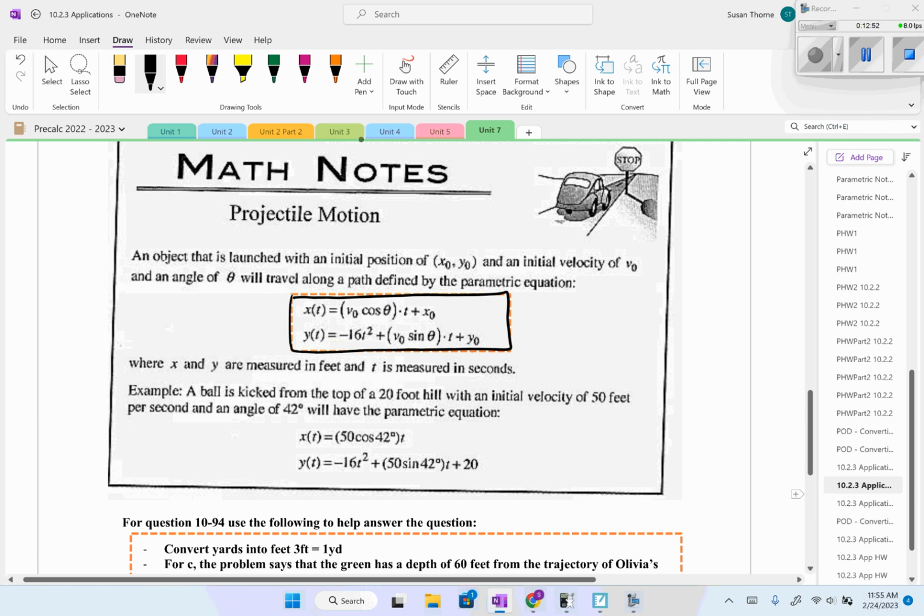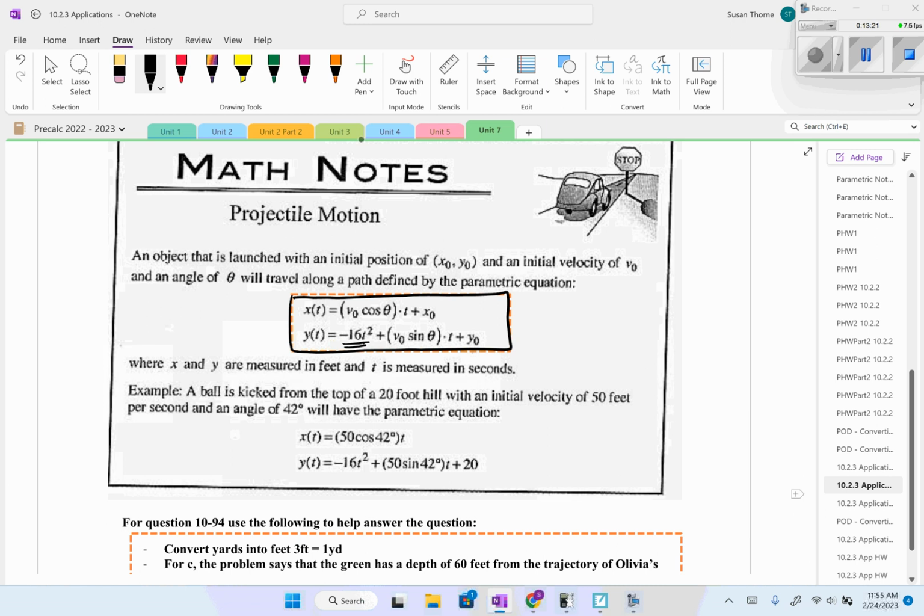And again, we're going to be using feet per second, where x and y are measured in feet, because of that negative 16t squared, which is accounting for gravity. We could also do meters per second, but we're going to leave it with feet per second for most of our problems. So for this example, it says a ball is kicked from the top of a 20-foot hill with an initial velocity of 50 feet per second and an angle of 42 degrees.